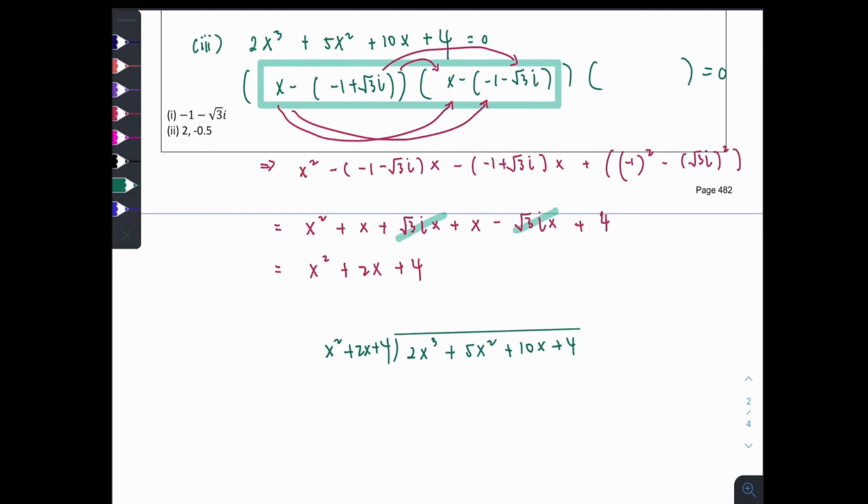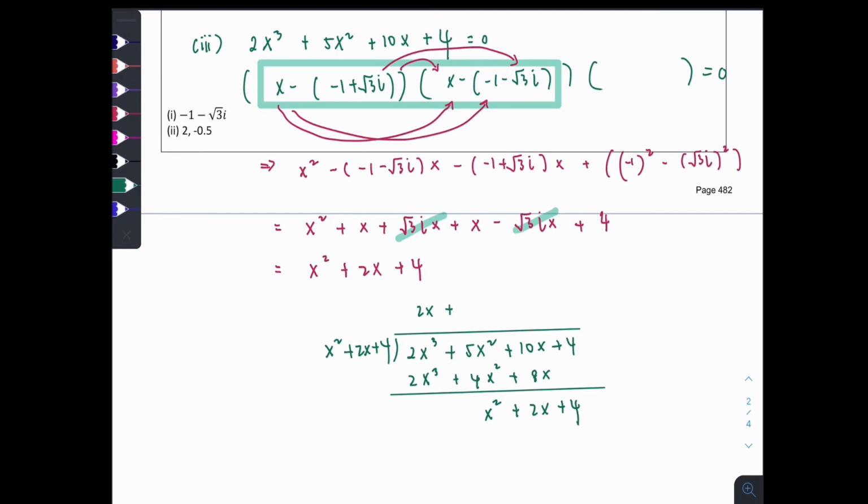So the first value to put is 2x over here, and hence we get 2x cubed plus 4x squared plus 8x. So 5 minus 4 is 1x squared. 10 minus 8, 2x, and bring down the 4.